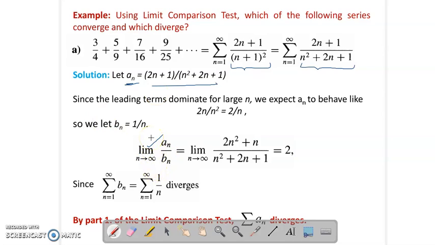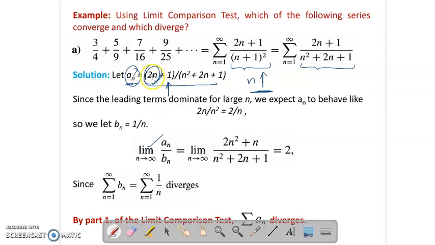So one way is you see how an behaves for larger values of n. As you keep on increasing your n, how an behaves. So see, as n is getting larger and larger, in the numerator only 2n, this term will play the role. This term will dominate this number 1.